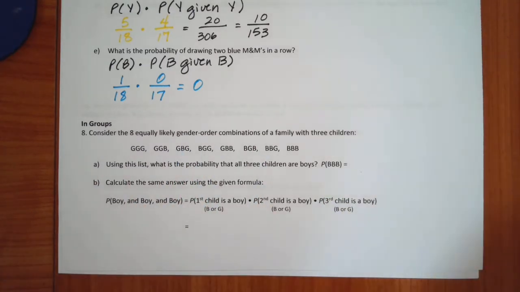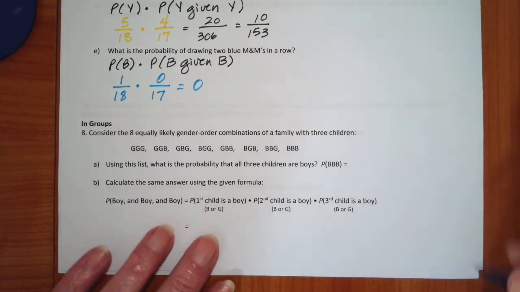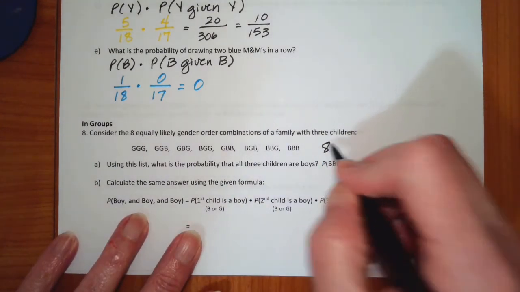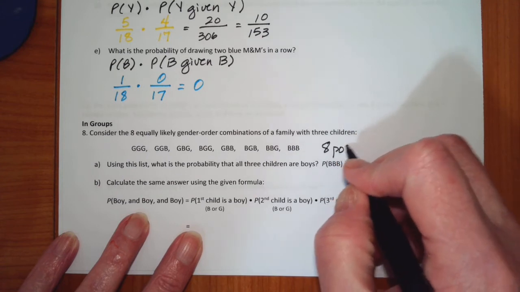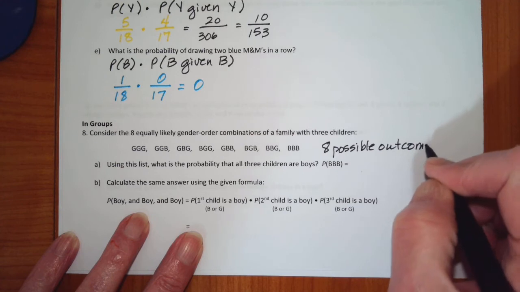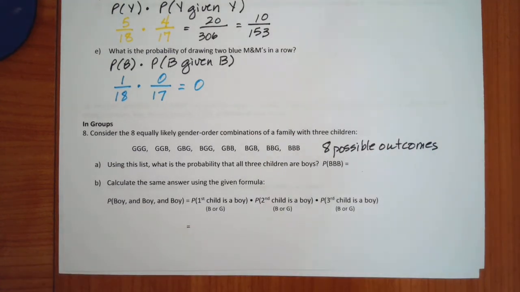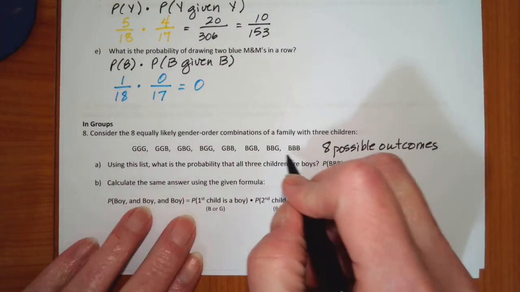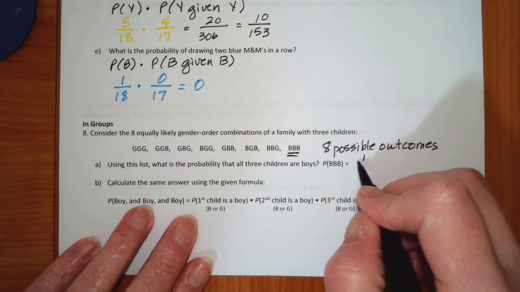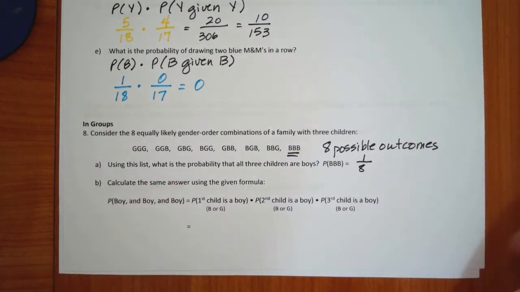Okay, so, and there are 8 possible outcomes. And it's implied that they are equally likely outcomes. Okay, so what is the probability that you get 3 boys? Well, the only one there is boy, boy, boy, and there is one way for that to occur out of the 8 possible.